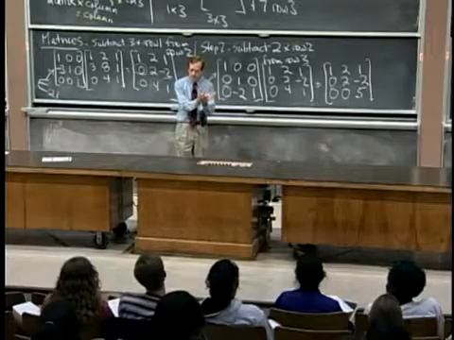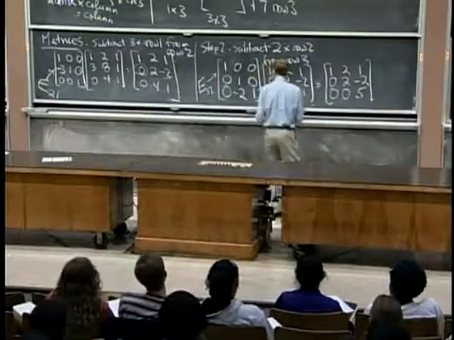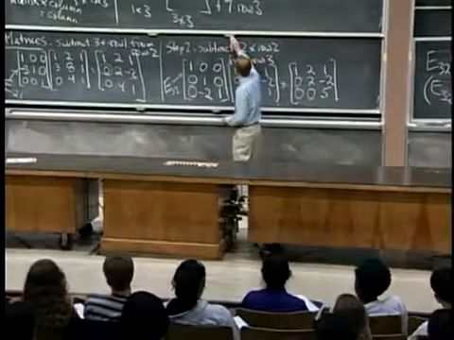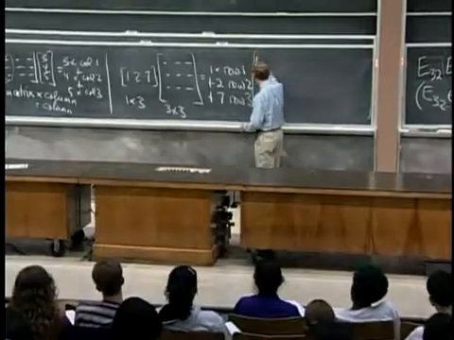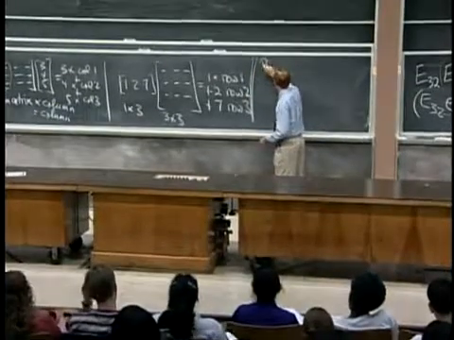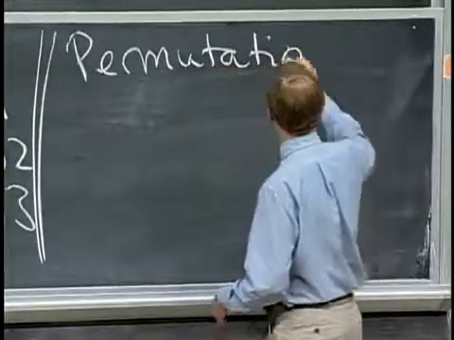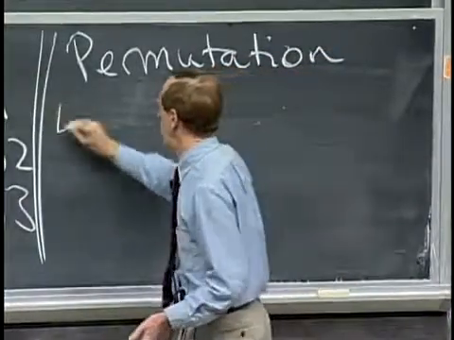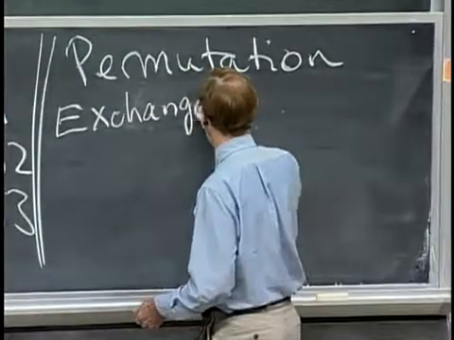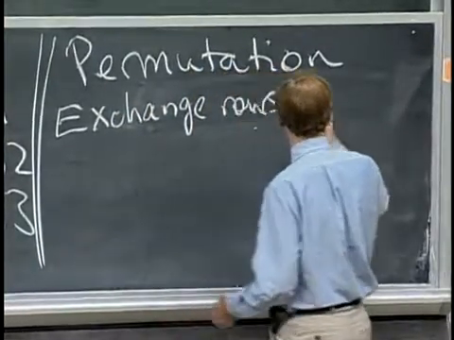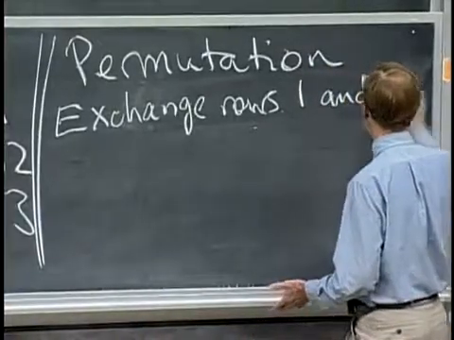This is a slight digression. You'll see I'm always squeezing stuff in. So permutation. Or in fact, this one exchanges rows. Shall I exchange rows 1 and 2 just to make life easy?